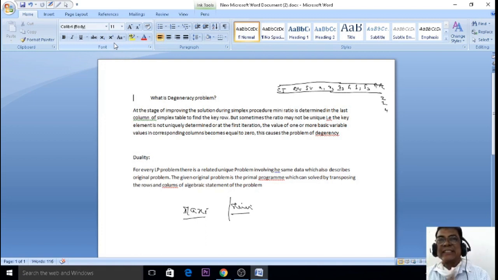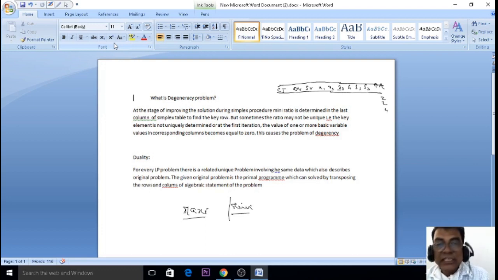But as an examiner, he wants a minimization solution with the help of the maximization problem. Then we have to adopt one basic concept. That concept is called duality.